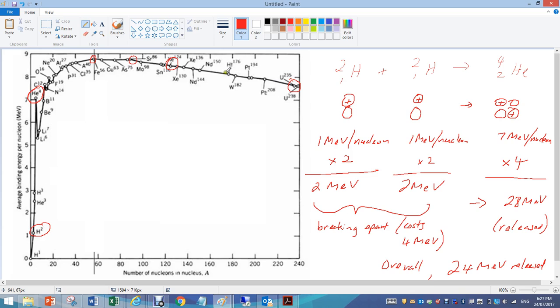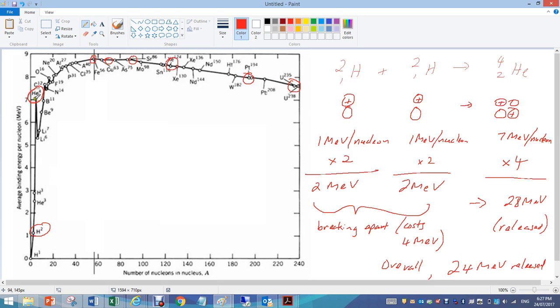Let's just say that we tried to fuse plutonium with, I don't know, something up here, plutonium and copper or something, to make uranium. Well, plutonium and copper are both higher up the energy ladder, so if we break those down and then reform uranium, it's going to cost us more energy to break these two down than what we'll get back when we form uranium, because it's lower down the energy ladder. Same if we try to do fission with helium and break it down to hydrogen.